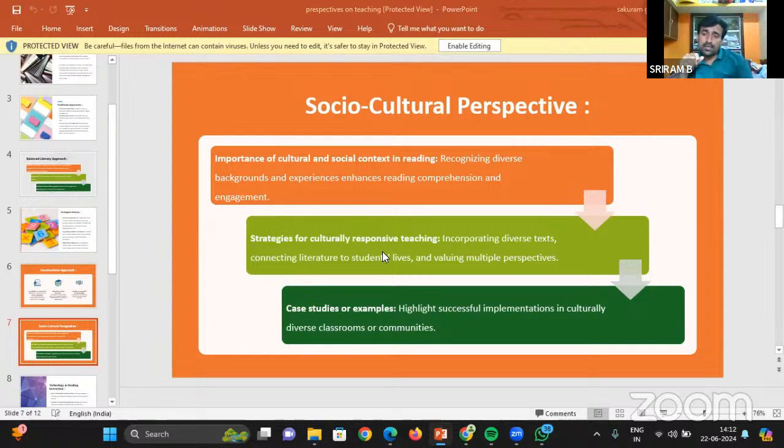See here, Pratusha said using TLMs. So what are TLMs, Pratusha? Teaching learning materials. What are the teaching learning materials in the classroom context? Charts.